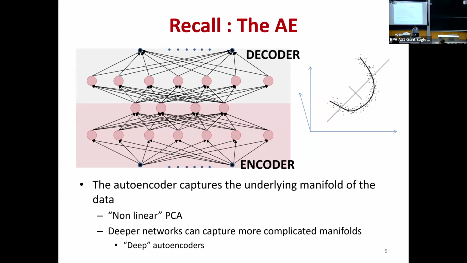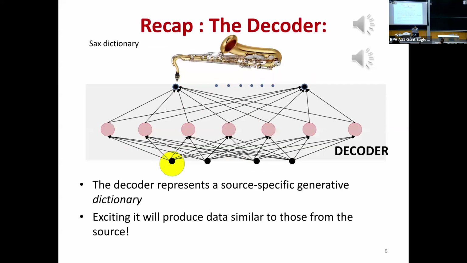And so we already know that the decoder portion of the autoencoder learns to characterize the manifold that data lie in, such that when you activate the decoder using any arbitrary input, it's only able to generate data from this manifold. And we also saw that if you train the autoencoder properly, then that manifold actually learns to represent the underlying nature of the data.